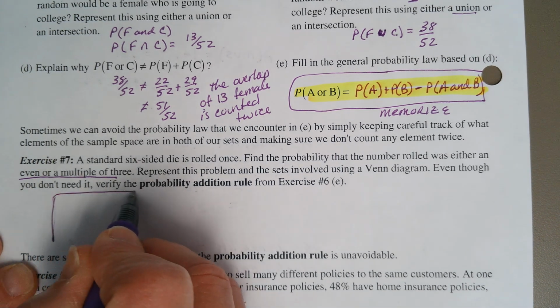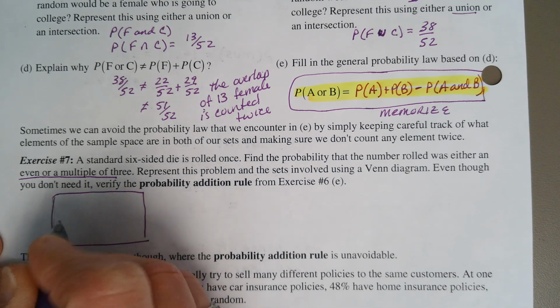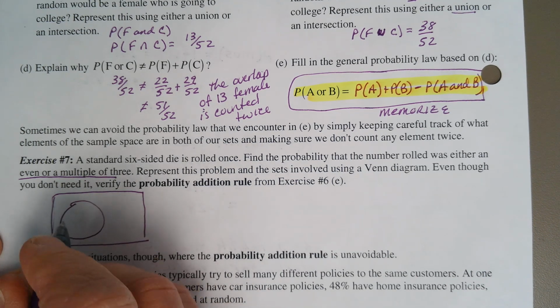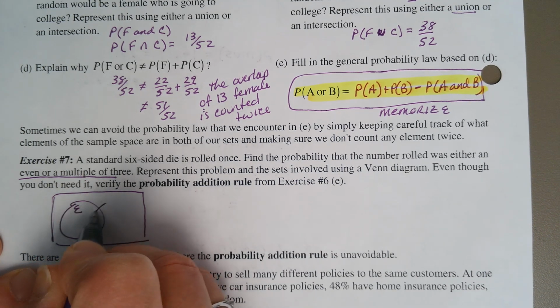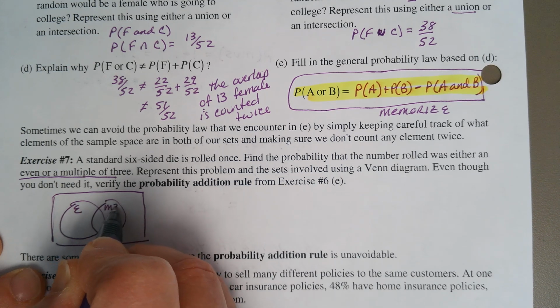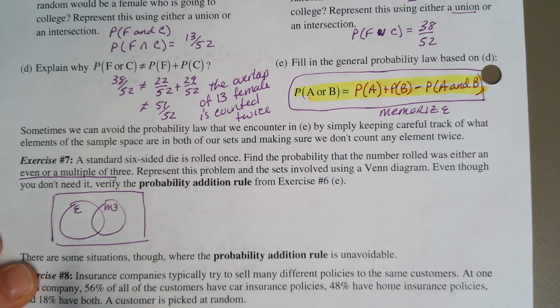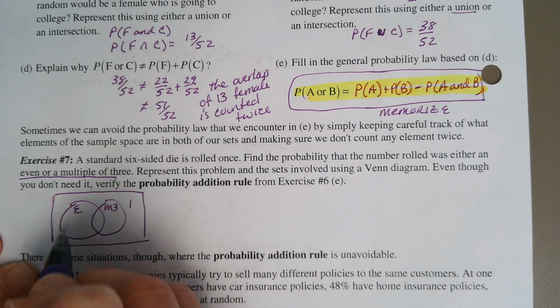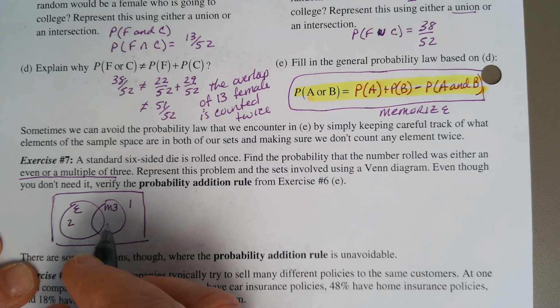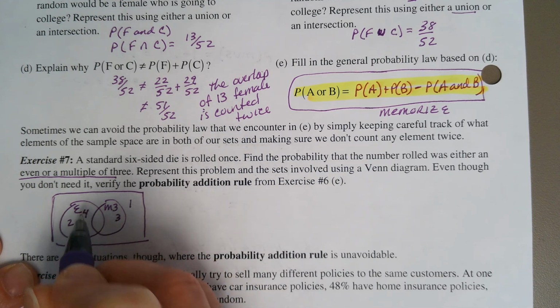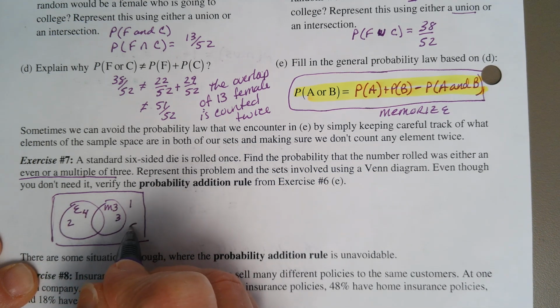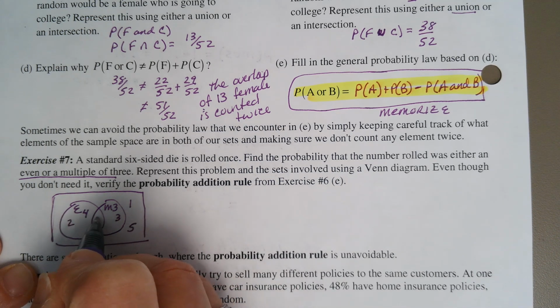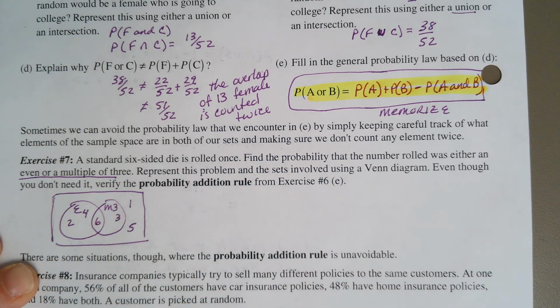So even and a multiple of 3. Say E for even, multiple of 3, I'm going to say M3. 1 is neither, 2 is even, 3 is a multiple of 3, 4 is even, 5 is neither, 6 is even and a multiple of 3.